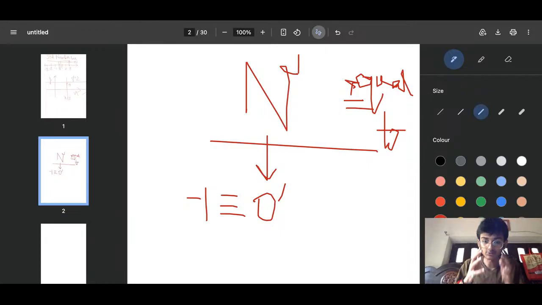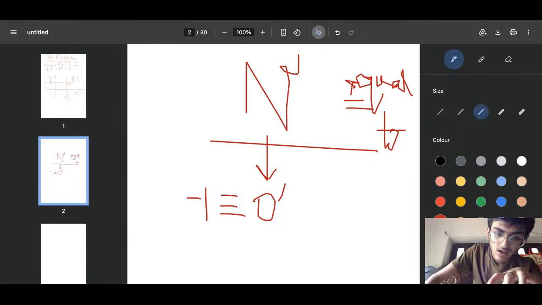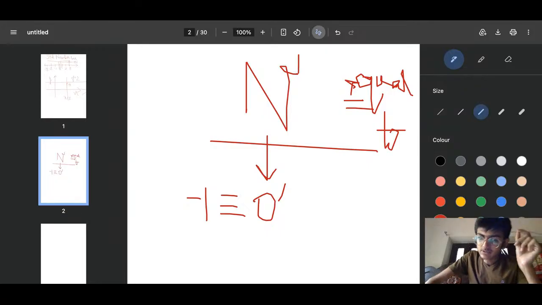So we are defining a new system that is n dash. And in this system we have defined that in the older system the minus one which we are saying is actually 0 dash. Here we see that actually 0 is not neutral. How can we show that 0 is not actually neutral? Because we can define a new system, n dash, n double dash, n power 5, n power square.